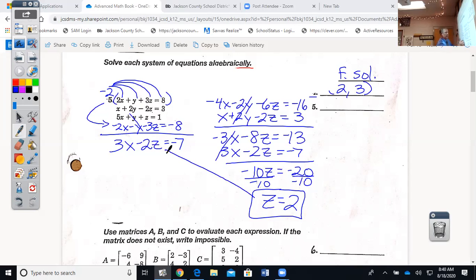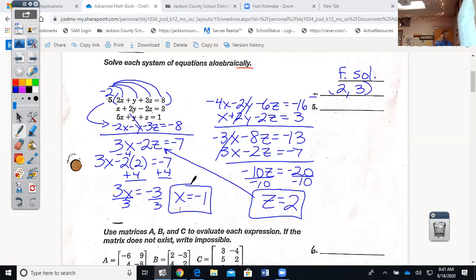Take that z and I'm going to plug it in right there and figure out x. So 3x minus 2 times 2 equals -7. That's going to be -4, so we'll add 4 to both sides. 3x equals -3. So x equals -1. And then take x and z and plug it into one of these top ones to get y.